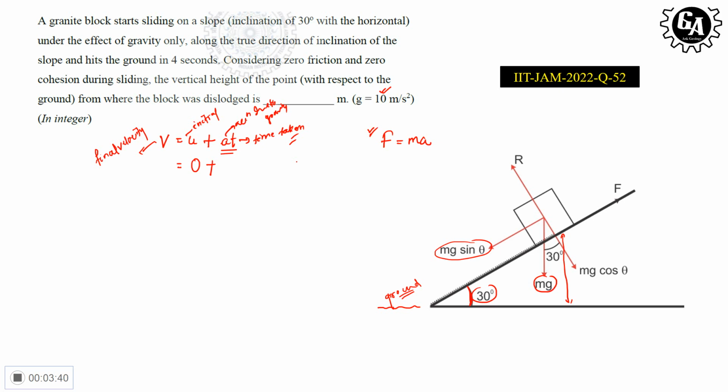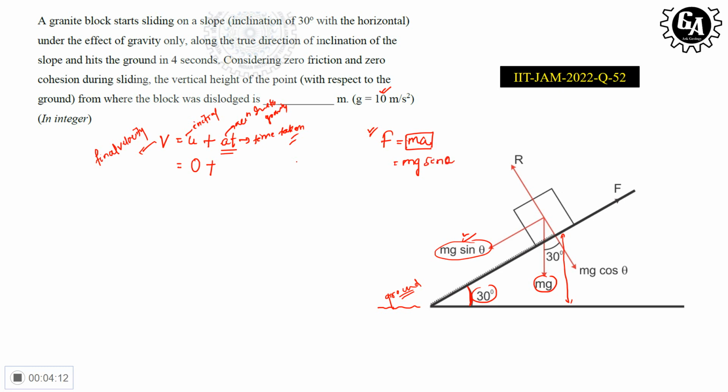If it were allowed to free fall, it would fall directly in this direction with force mg, but now it is not falling directly downward. So the force responsible here is mg sin theta, and this ma is mg sin theta.